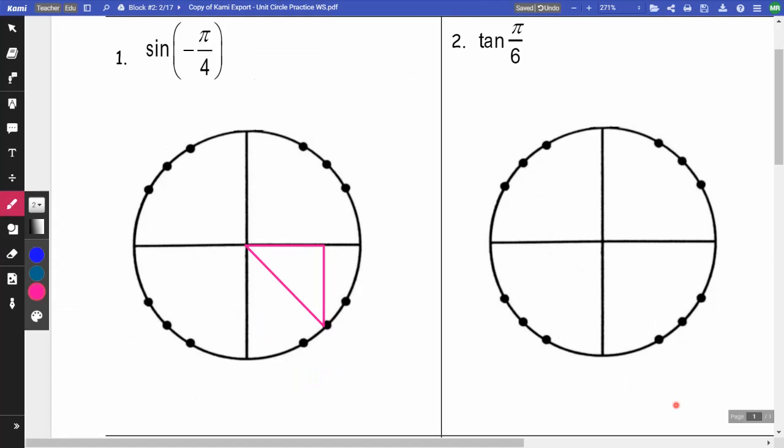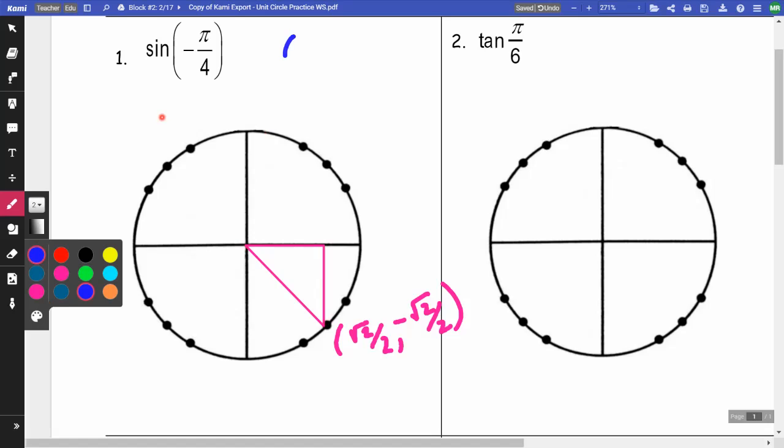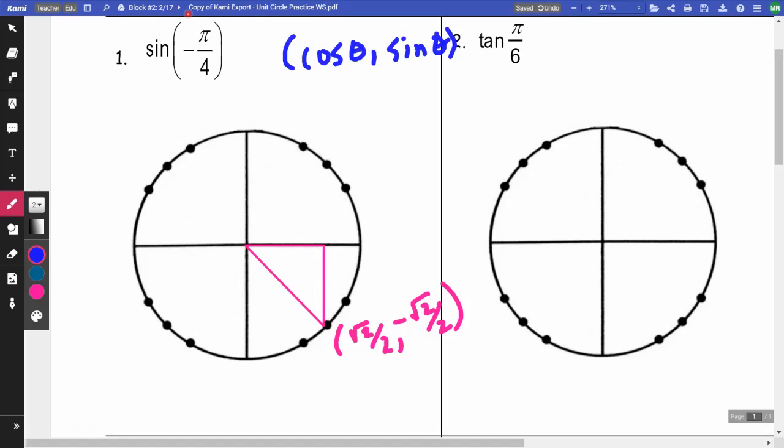So this is going to be a positive √2 halves, comma, negative √2 halves because of the quadrant I'm in. So it's positive x, negative y. And remember, for these, your cosine is your x and your sine is your y.